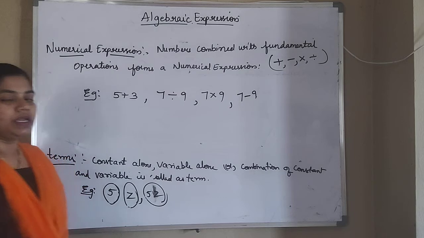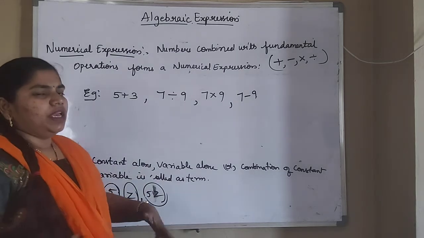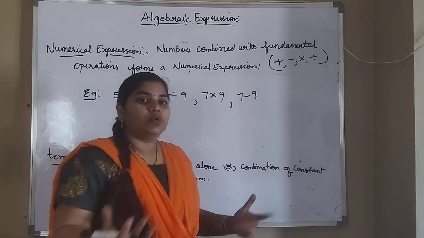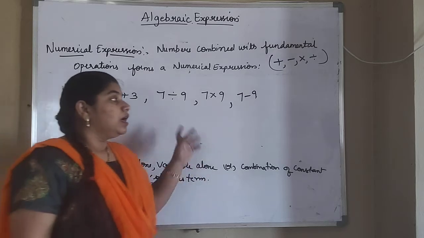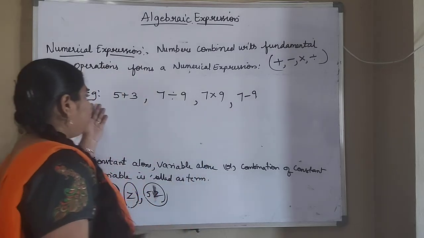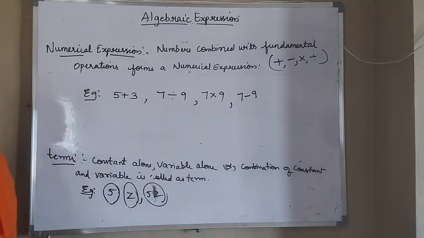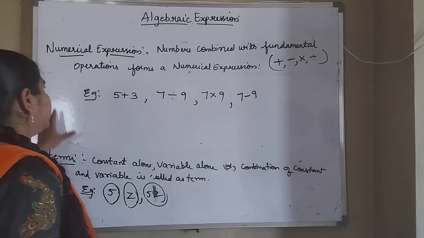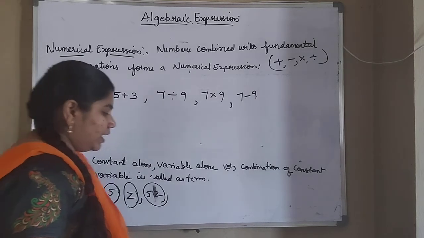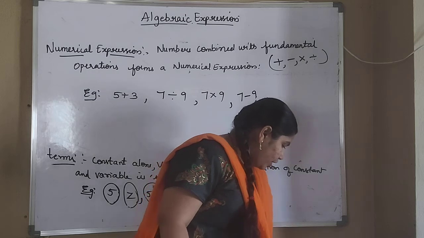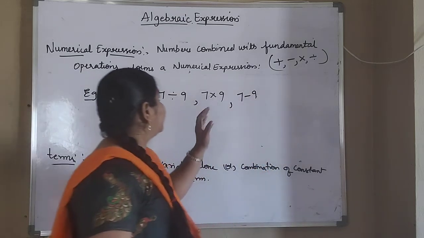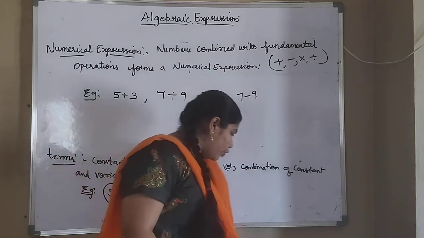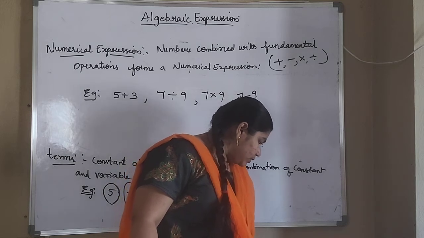This is also a numerical expression. It can be any numbers, more than two numbers combined with the fundamental operations, it forms a numerical expression. So this is called a numerical expression. Next our topic is algebraic expression. So what do you mean by algebraic expression, we will see.